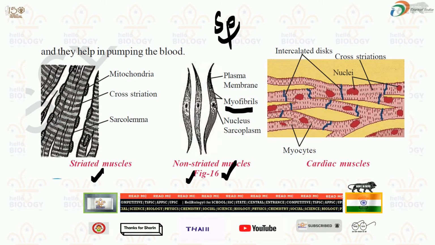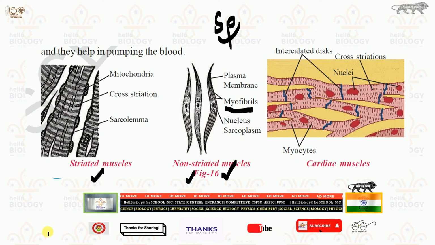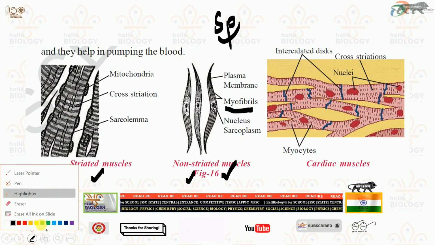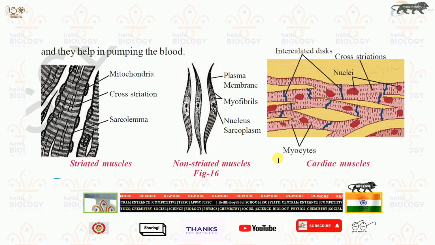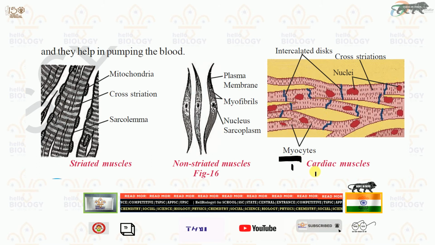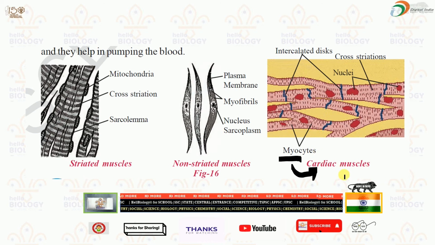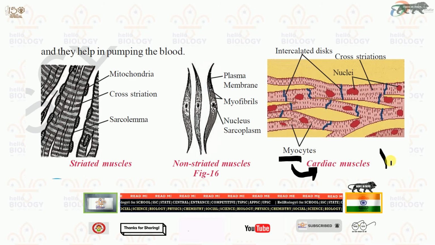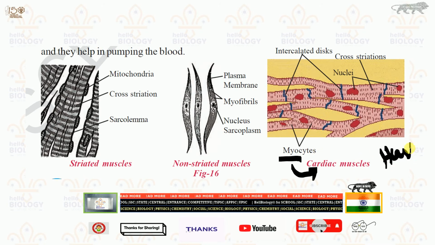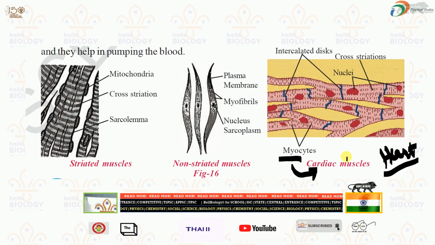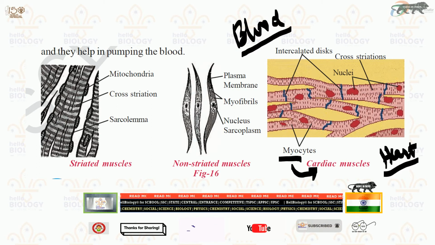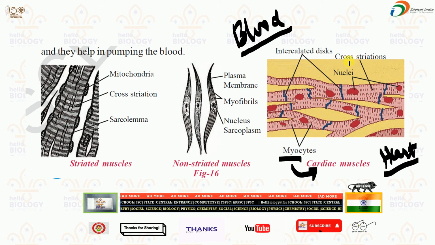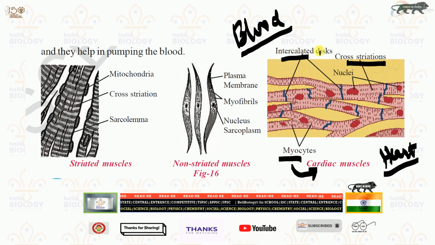The third type is cardiac muscles, otherwise called cardiac tissue. This cardiac tissue has myocytes, which are the important cells of cardiac muscle tissue. These are present only in the heart. That's why it is otherwise called pumping tissue, the tissue which helps in pumping blood from one part of our body to another. Mostly these tissues have cross striations and intercalated discs.